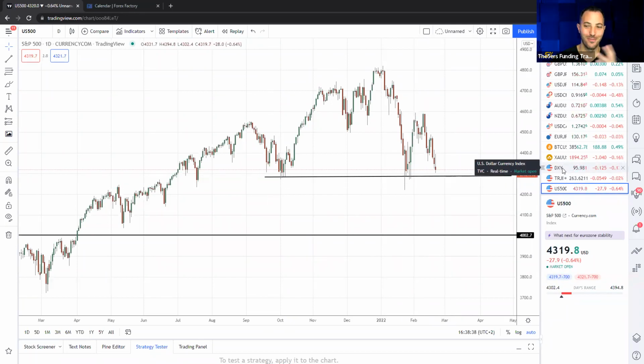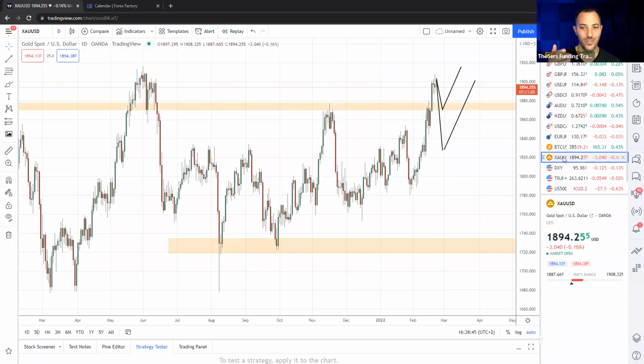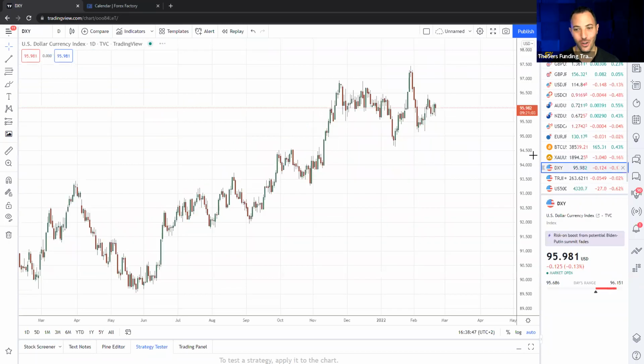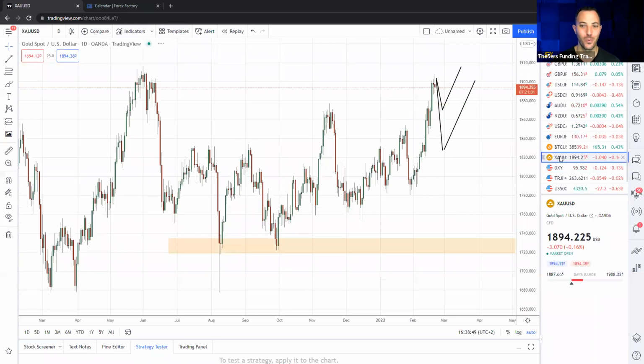Unless there's a lot of money flying into the US currency, the US dollar, and that would strengthen the dollar, and it would be more difficult for the gold to strengthen against the dollar. But technically, this would be the scenario.